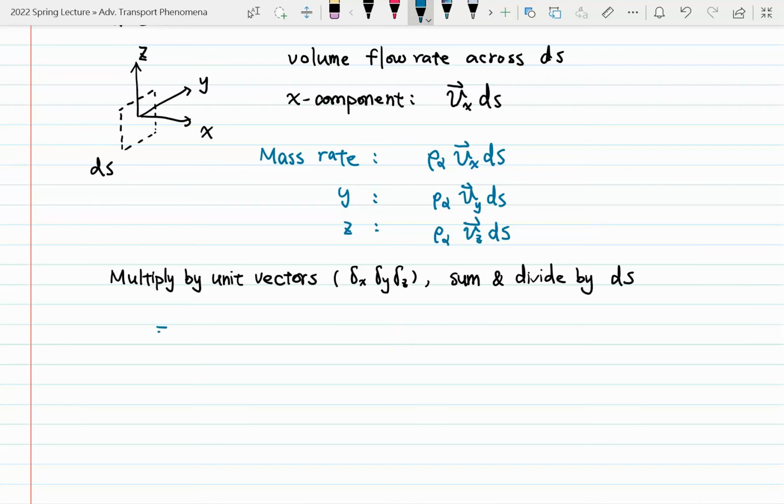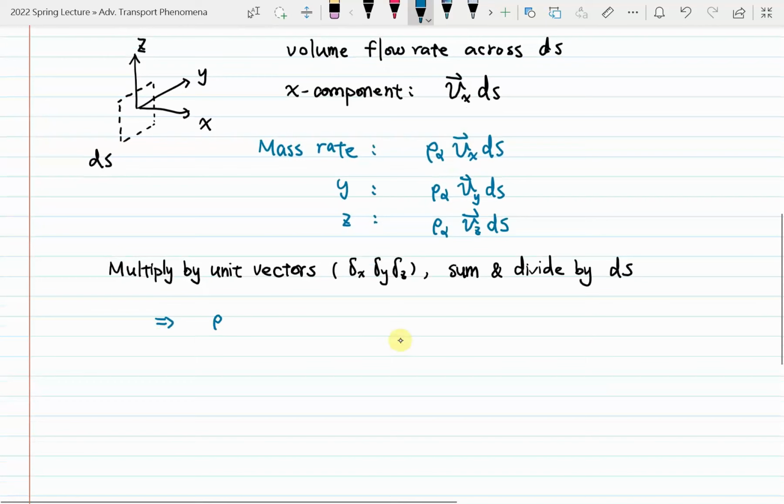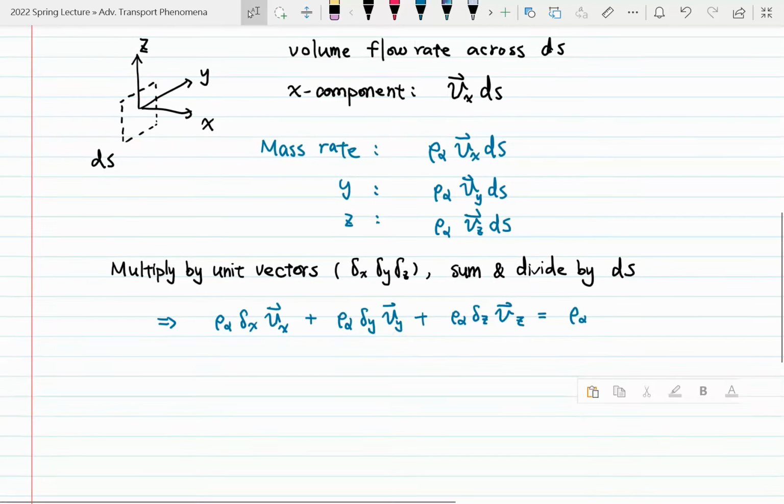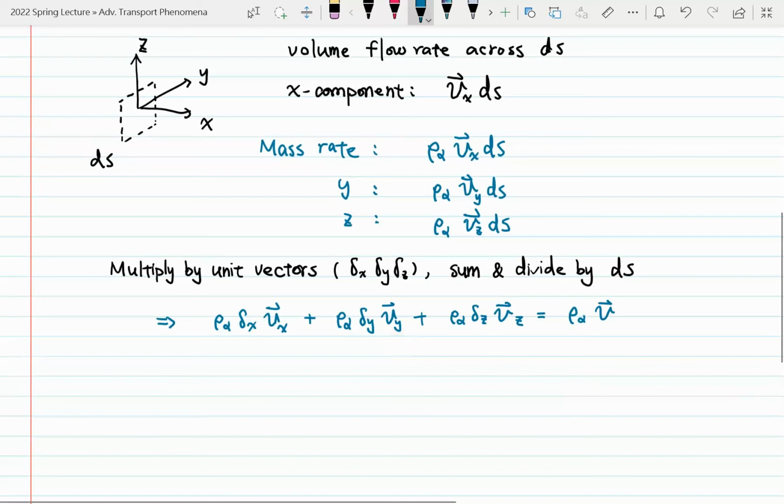So that gives us the following. That gives us rho alpha delta x Vx plus rho alpha delta y Vy plus rho alpha delta z Vz, and that all equals to rho alpha times the average local mass average velocity.